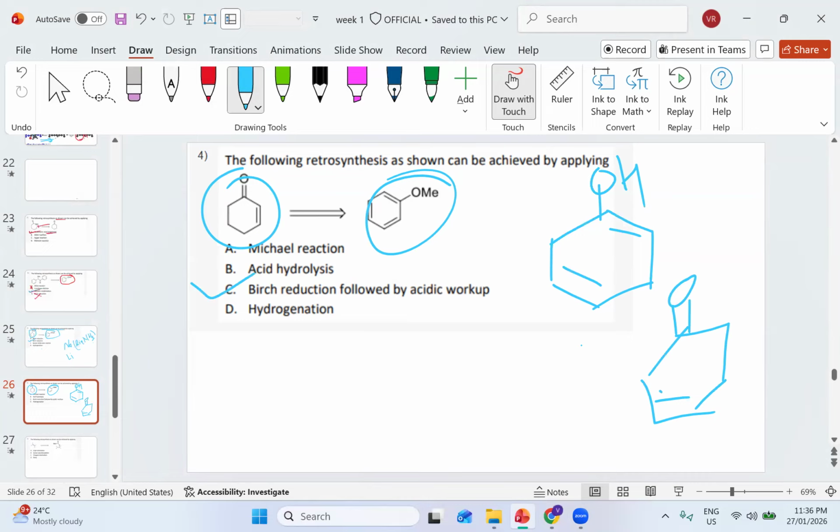So the Birch reduction followed by the workup. This is basically the tautomerization reaction. I have not drawn this double bond correctly. It should be here somewhere, I think.